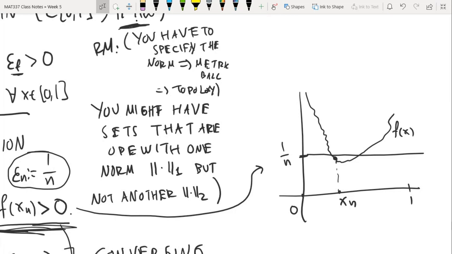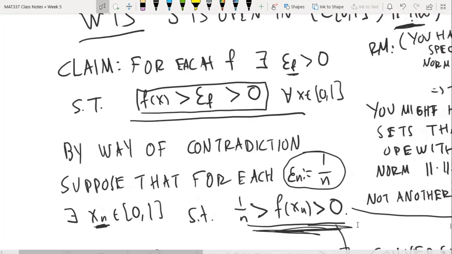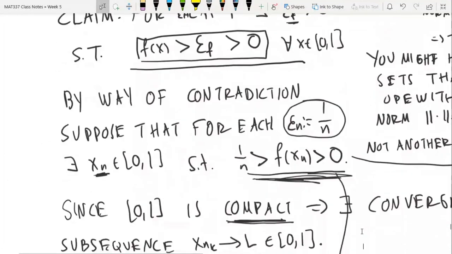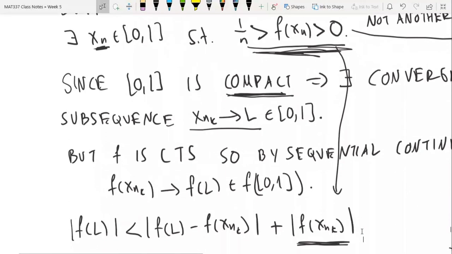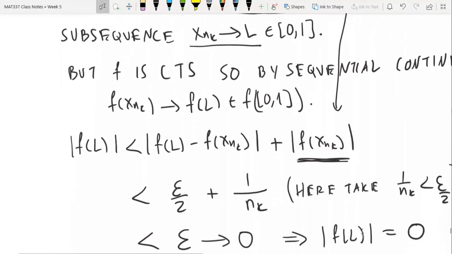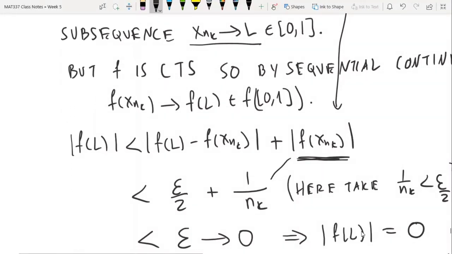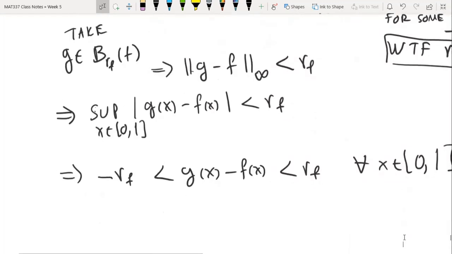So that's the definition of the sequence, and that's the xn we're working with, and that's the bound we got from there. I think there's a lag.